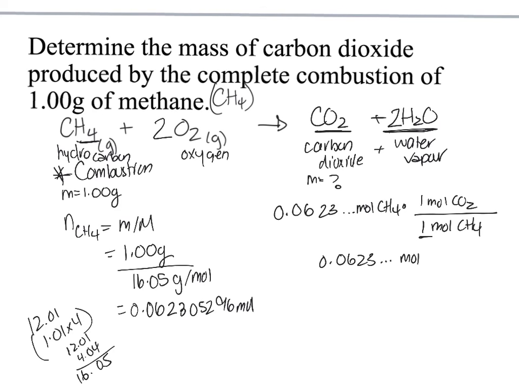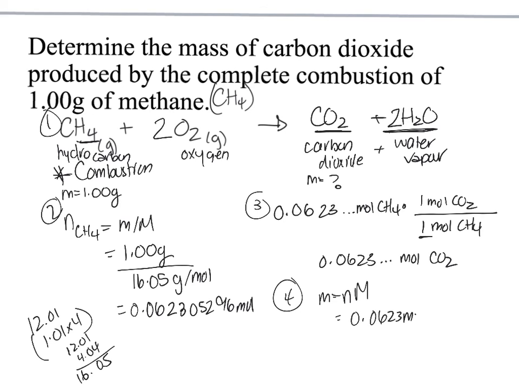But now it's moles of carbon dioxide. So 1 balanced equation, 2 moles, 3 mole ratio, and now 4 is whatever the question is asking me for. So in this case, it's the mass. So now we have 12.01 plus 32 for the oxygens.